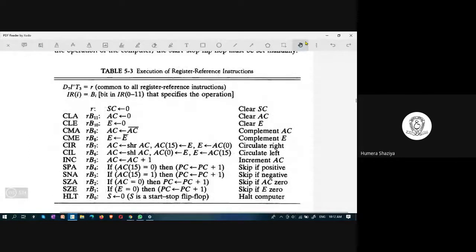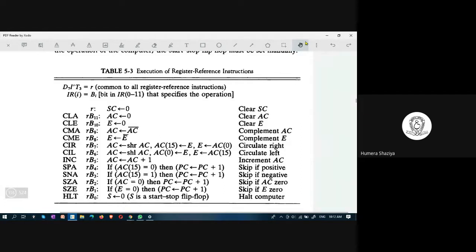D7 means 1, so you don't have to put the dash. So D7 I dash T3 is equal to R. R is like an alias given. Instead of writing D7 I dash T3 again and again with every register operation, it has been denoted by a short notation which is R.